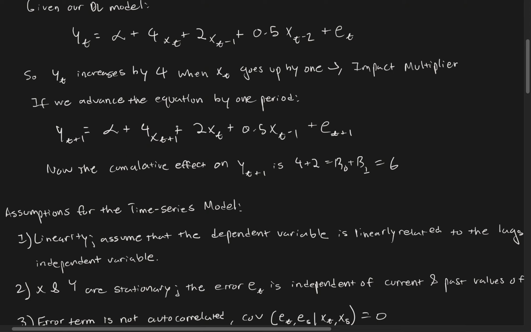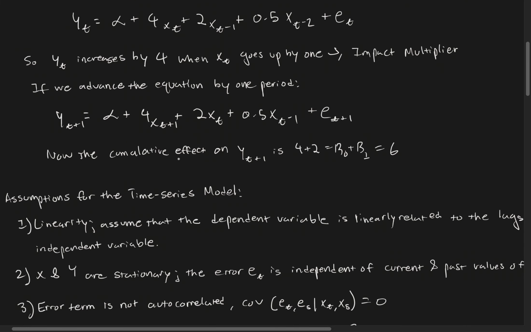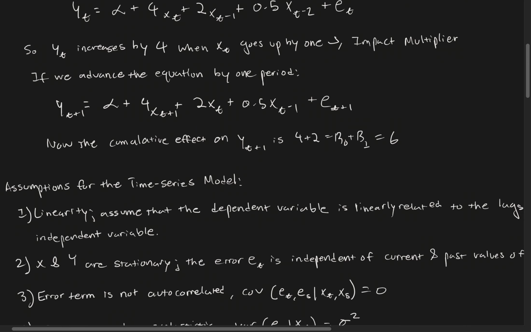By the properties of the impact multiplier, we have what is called a cumulative effect: if we're measuring the output of the future, we also have to consider the current impact, now 2, and the future impact being 4. So the cumulative effect is these two values added, that being 6.